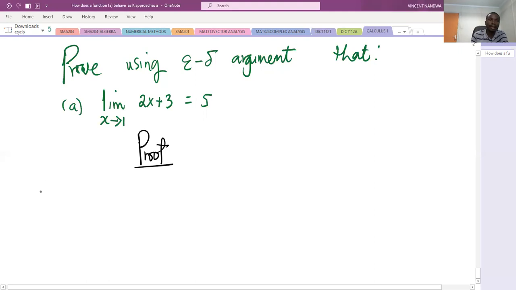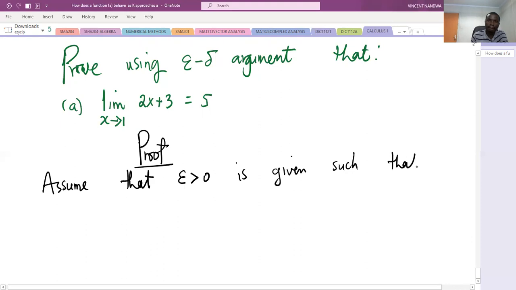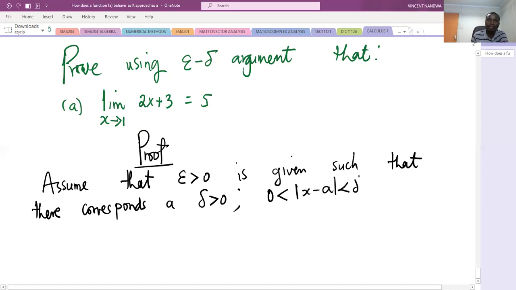So we say, let's assume that epsilon greater than 0 is given, such that there corresponds a delta greater than 0, so that this difference x minus a less than delta implies that f of x minus L is less than epsilon.